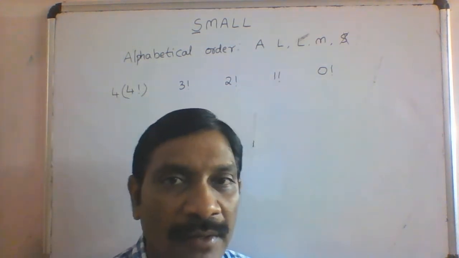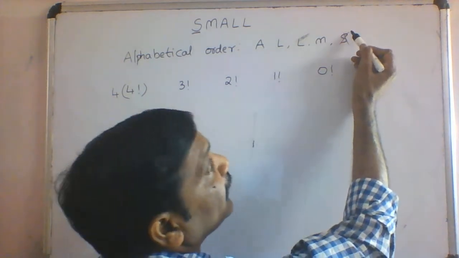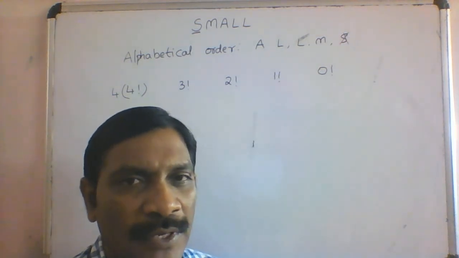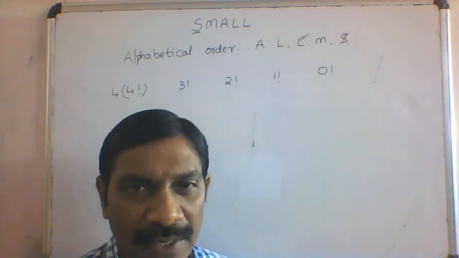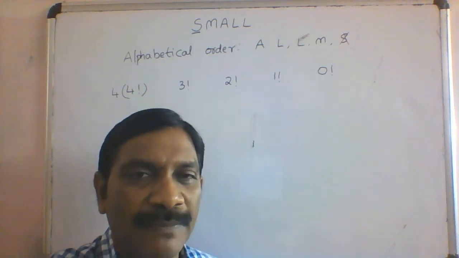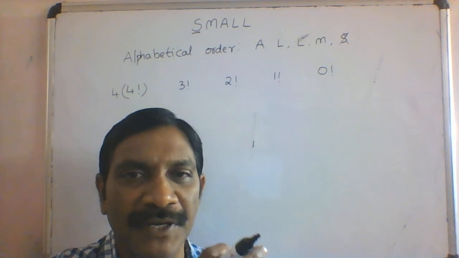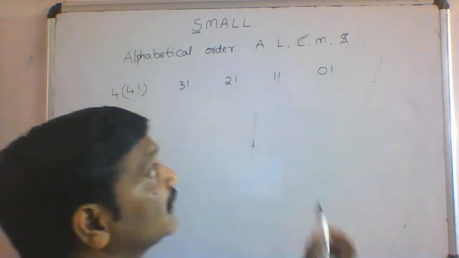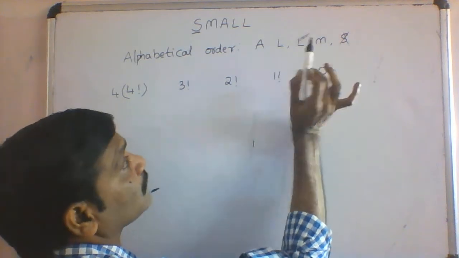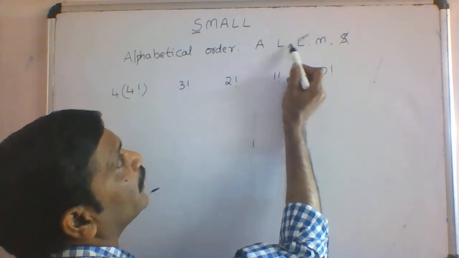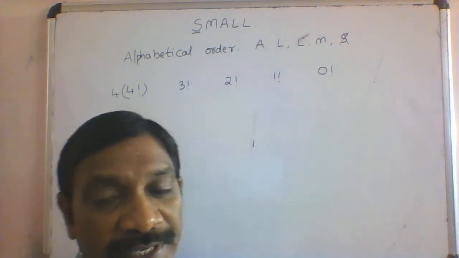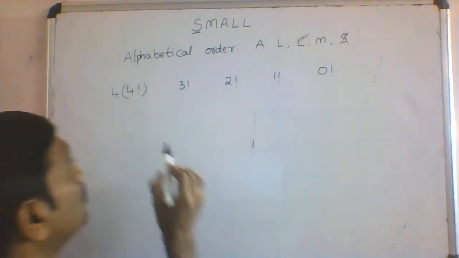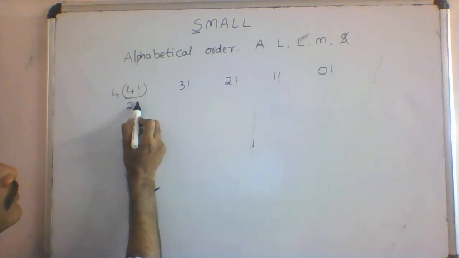So remember, including this S, whichever is struck off, if any repetition is there, how many times that particular letter has been repeated, that number factorial we have to keep in denominator. So including this, now see here 2 L's are repeated. So how many letters are repeated here? 2 letters. Put 2 factorial in its denominator.